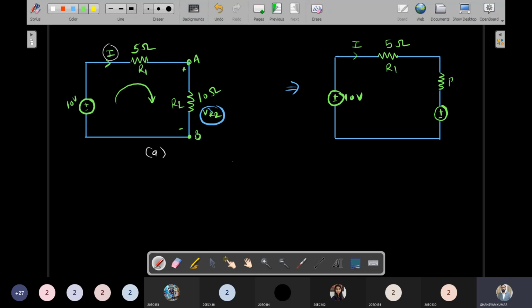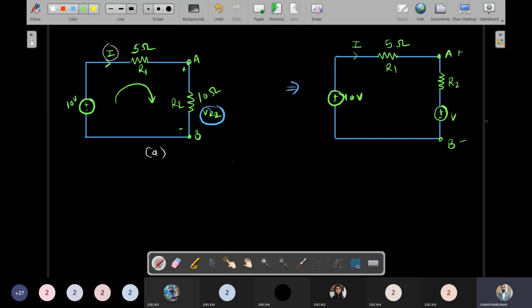Now you see some R2 resistor I'm using over here. So I want to find this voltage V and then resistor R2 value, so that this VAB should be 6.66 volt. It should be like that only.